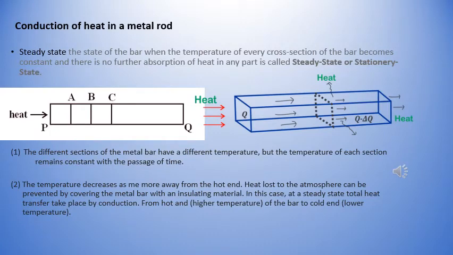Conduction. As we know, heat conduction is the transfer of heat from the hotter part of the material to the colder part without the actual movement of the particles. During the heat conduction process, heat energy is transferred only to the successive molecules and the molecules do not leave their mean position.